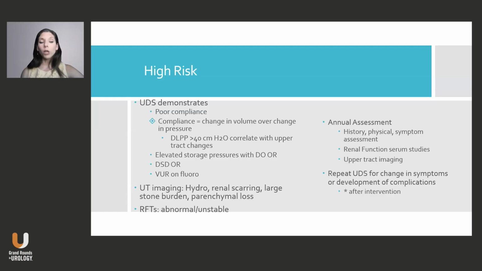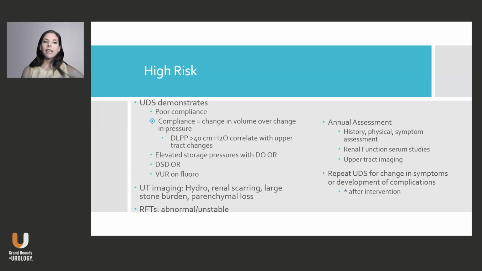But that's what we look at. We're looking at how that pressure changes over time. We also look at another urodynamic parameter called the detrusor leak point pressure, which is when we see a leak occur when there is no stress maneuver or when there is no detrusor overactivity.